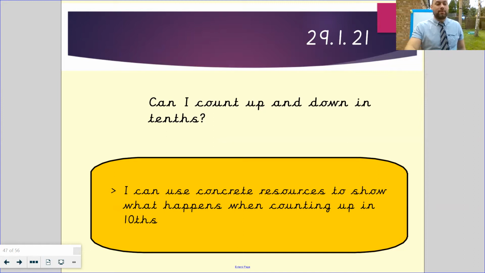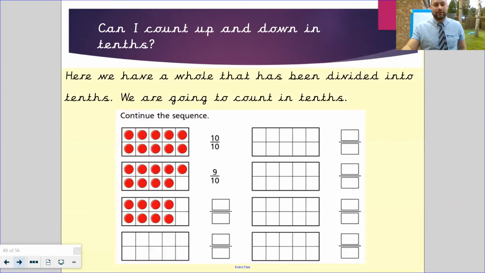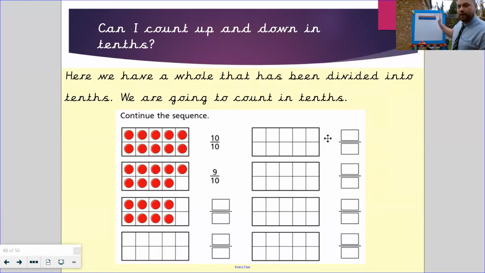Today it's all about counting up in tenths. I'm back, and as you can see, I've got my little display in the background, which is going to be helpful to show you how to count up and down in tenths today.